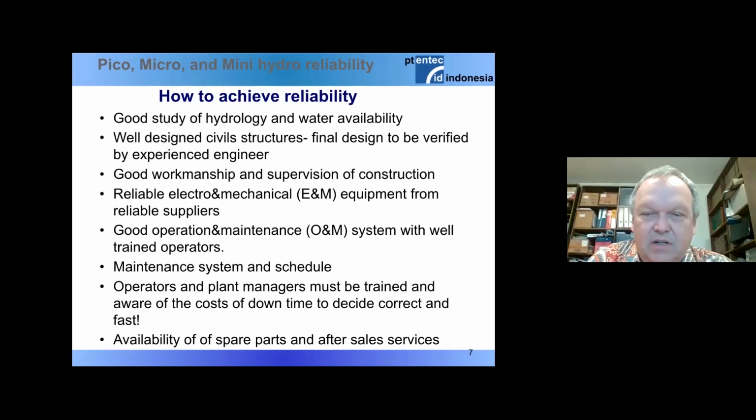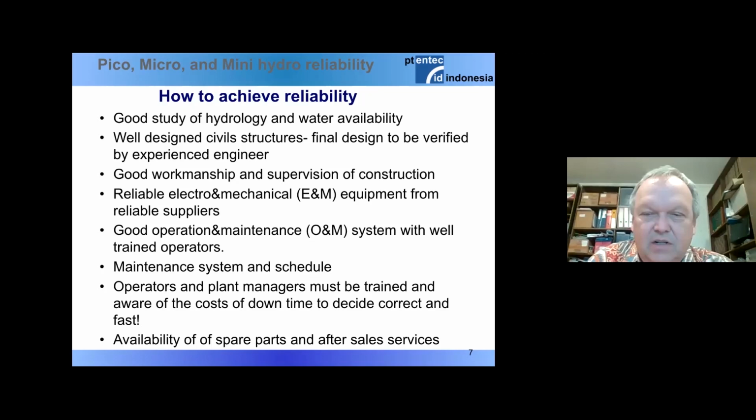The civil structure should be properly planned, properly supervised, and possibly checked by an experienced engineer to avoid mistakes, which even in Indonesia, at some megawatt sites, the forebay is gone, the powerhouse is flooded. Shouldn't happen at all. And all the elements need good workmanship and supervision.